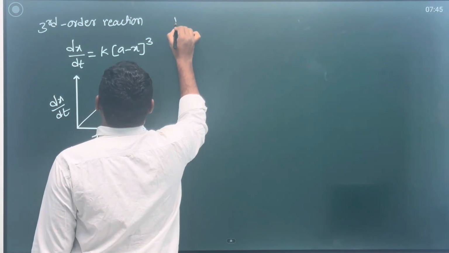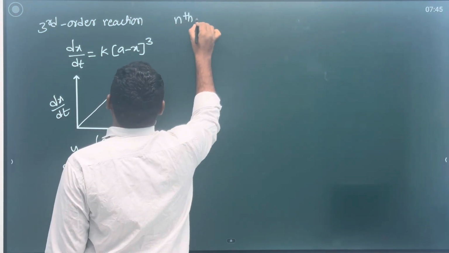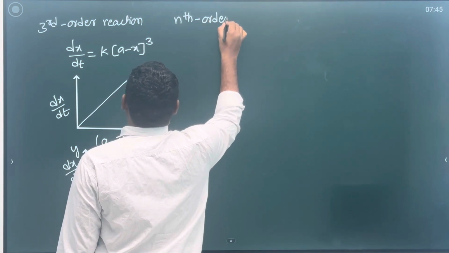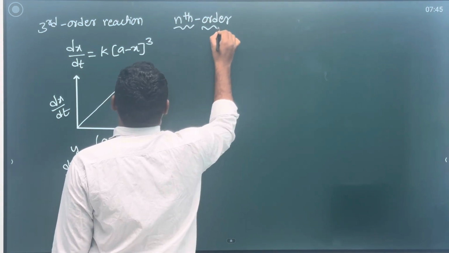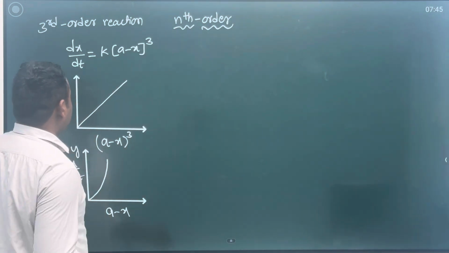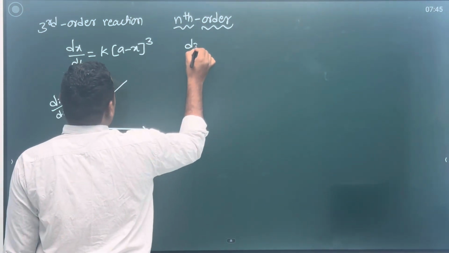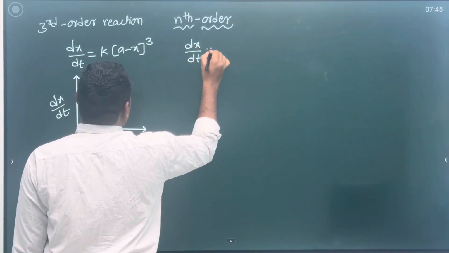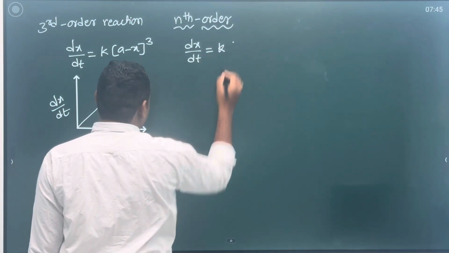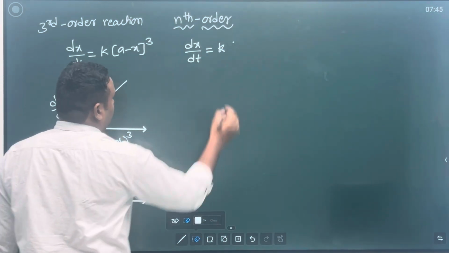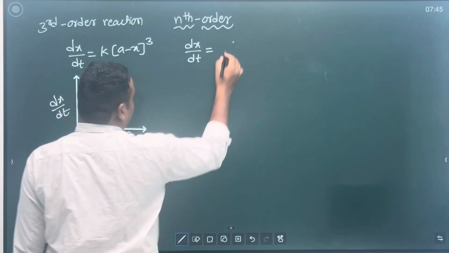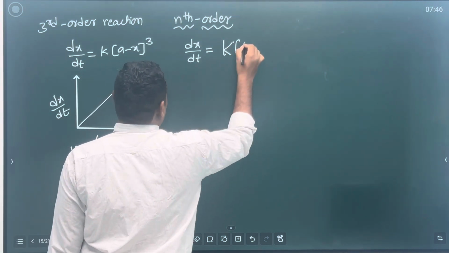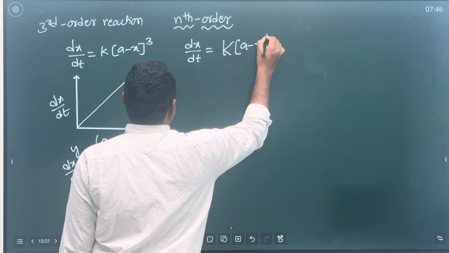Next, nth order. For nth order, how will we draw the graph? dx by dt is equal to k into (a minus x), here (a minus x) whole power n.